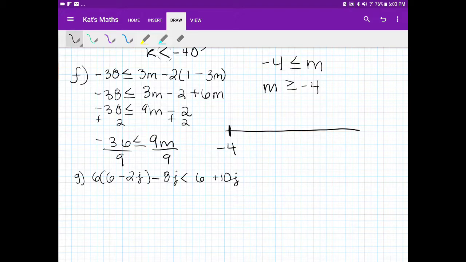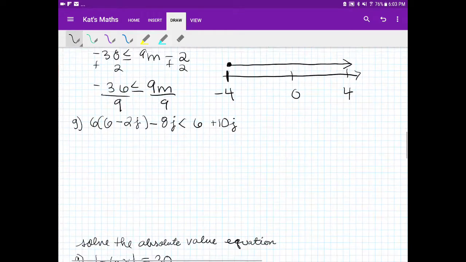So here's negative 4. There's 0. Here's positive 4. So it includes negative 4, so a solid dot, and then is greater than. So m is greater than or equal to negative 4.